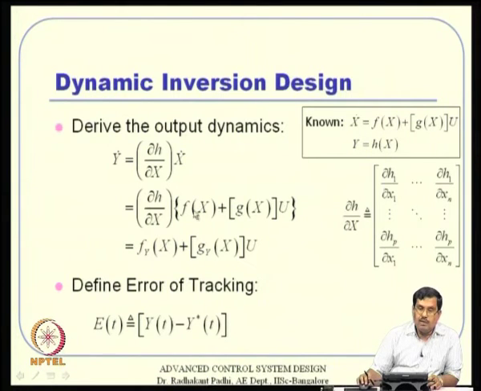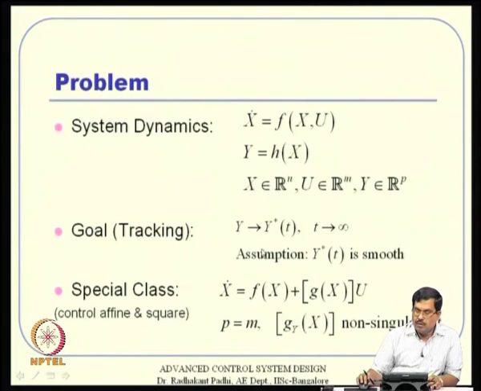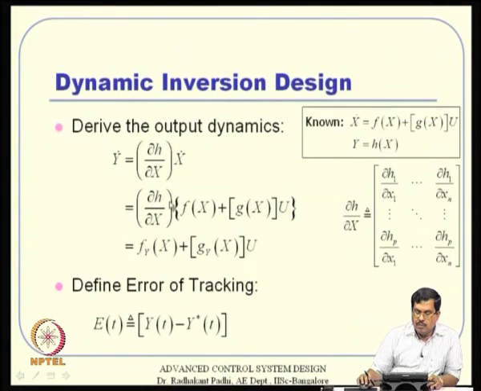So, we substitute that, and then simplify: this matrix multiplied by f(x) is f_y(x). This del h by del x, remember, in general is a matrix by the way. So, del h by del x into g(x) is what is defined as g_y(x). Okay. So, g_y(x) is nothing but del h by del x into g(x).